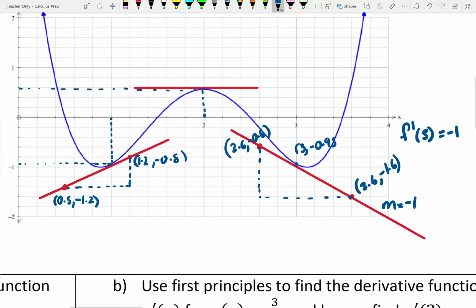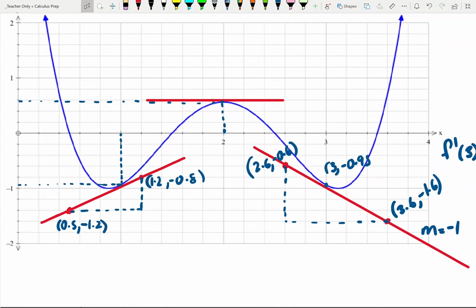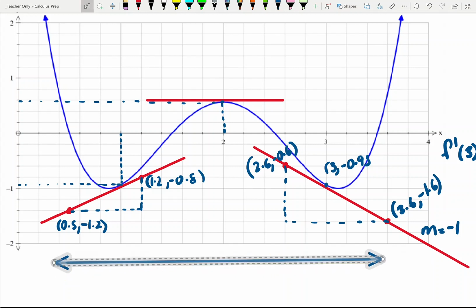There's a couple of other features of this graph that we need to consider. The first one is the value of the function. The way that we do that is by a sign diagram. So here I'm going to draw a sign diagram for the function. Here's x, and I'm actually going to specify that the values on the top are for f of x, for reasons that will become obvious in a minute.